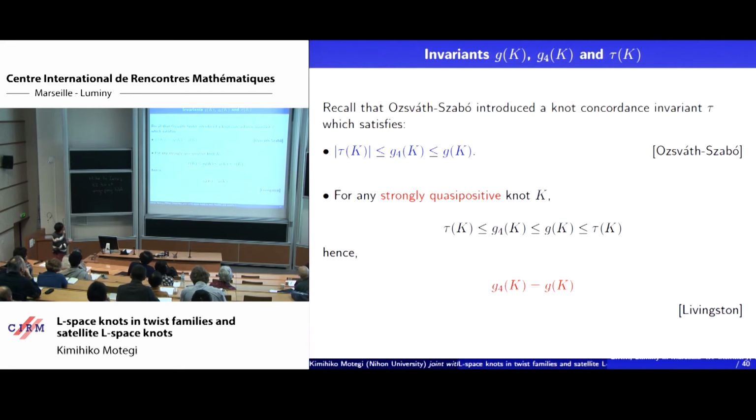Actually, this inequality gives that tau of K is less than or equal to the slice genus and hence the Seifert genus.